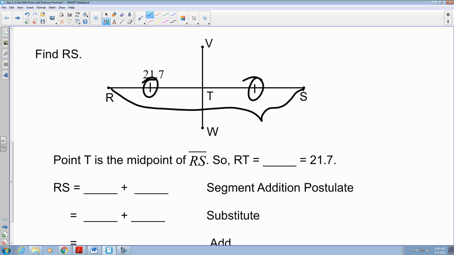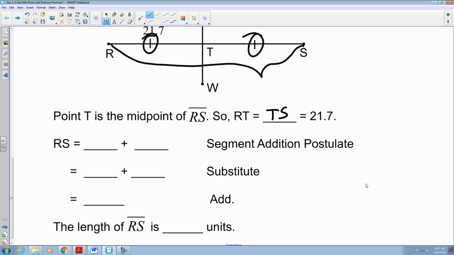So because point T is a midpoint of RS, we can say that RT and TS are going to be equal, and they're both going to equal 21.7 units.